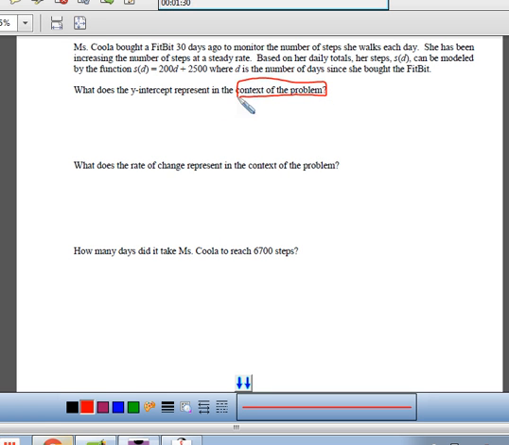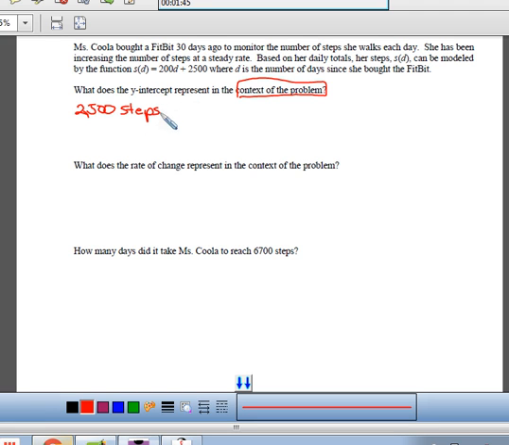All right, so the y-intercept is the 2,500. And the 2,500 is the number of steps. Number of steps for what?